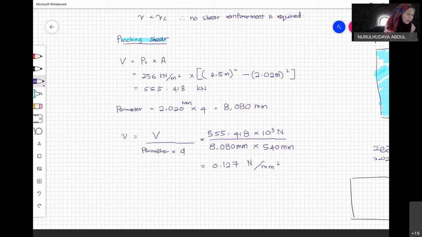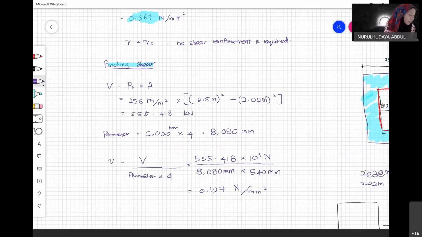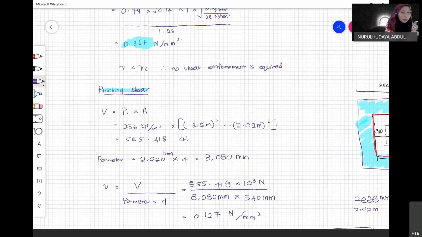Jadi kita just compare this value with the VC yang kita calculated above. Tak perlu calculate lagi VC sebab VC obviously kalau kita masih lagi pakai size foundation yang sama and also dia punya FCU pun sama, 35, tak berubah-ubah.